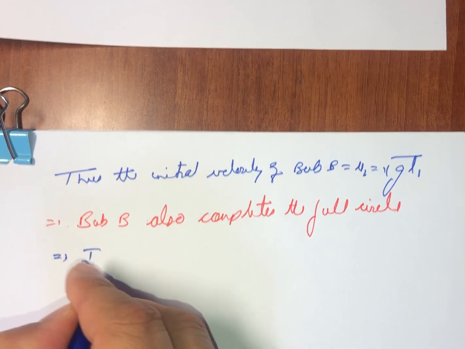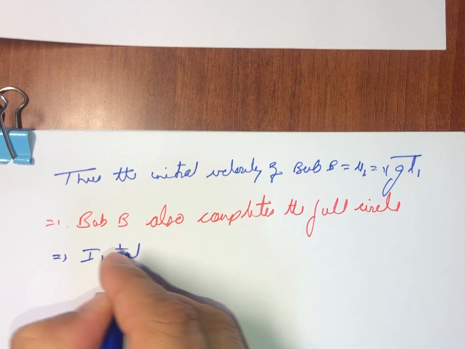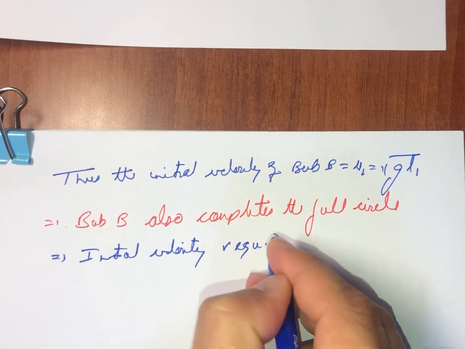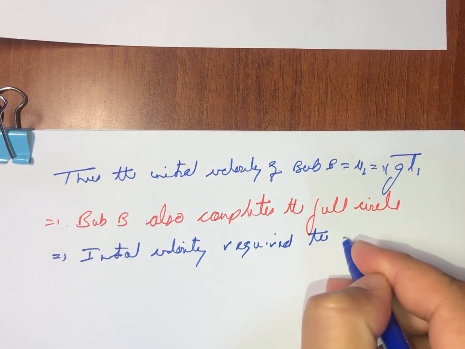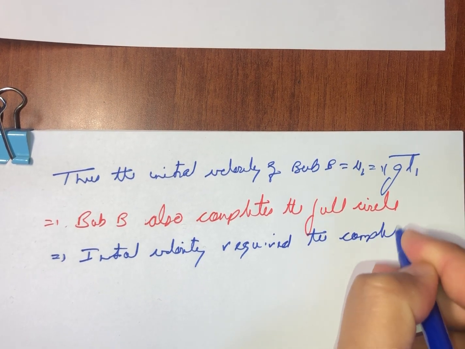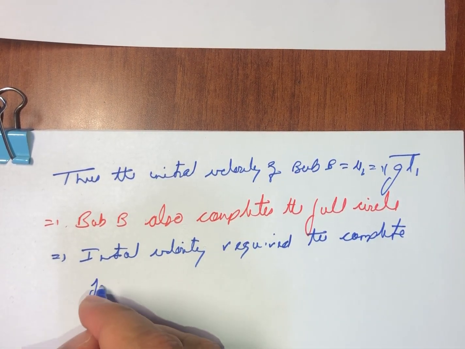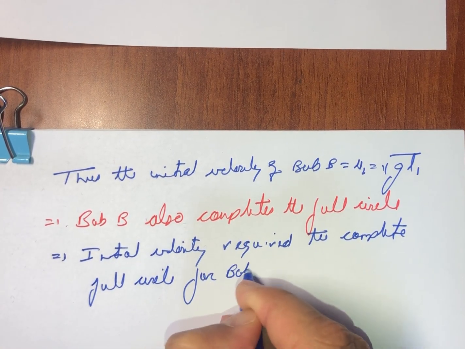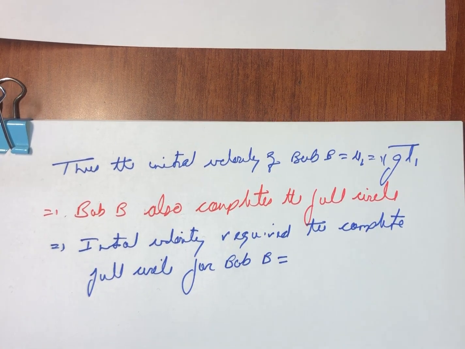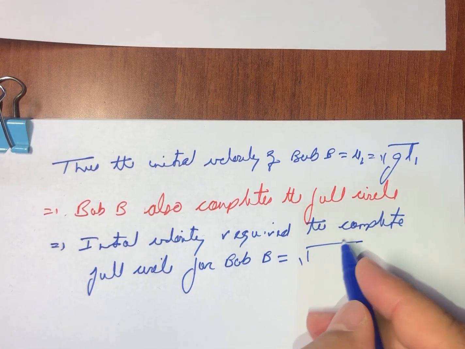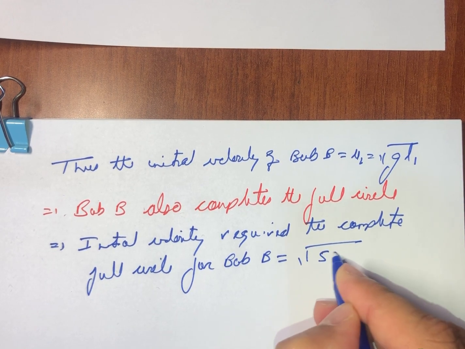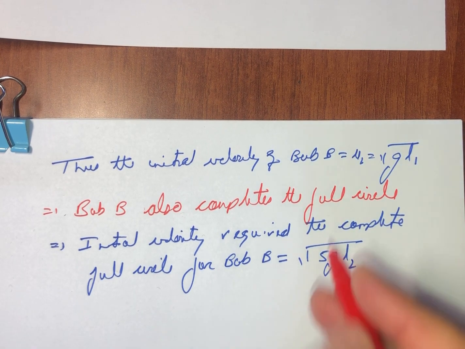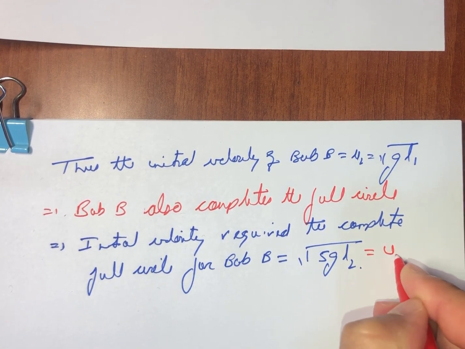Therefore, the initial velocity required to complete a full circle for bob B will be equal to the square root of 5gL2, and let us suppose this is given as v2.